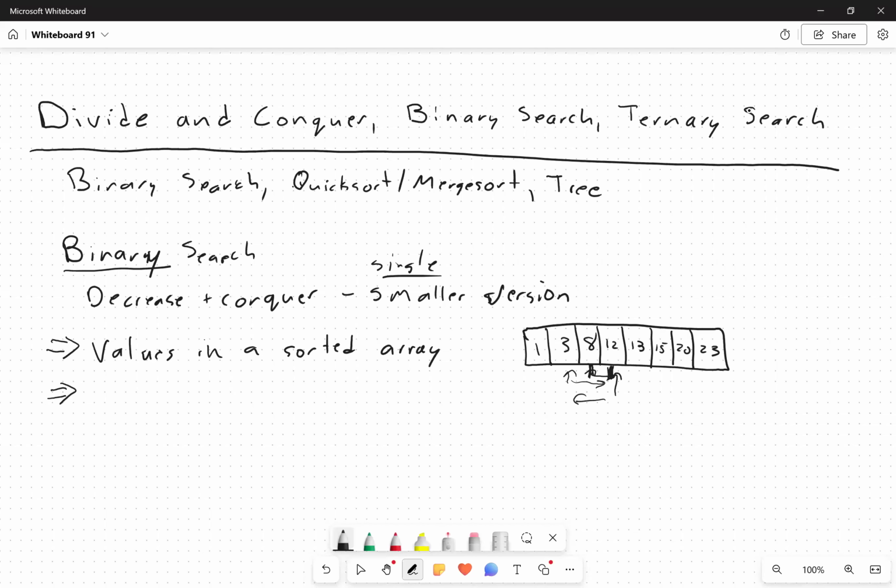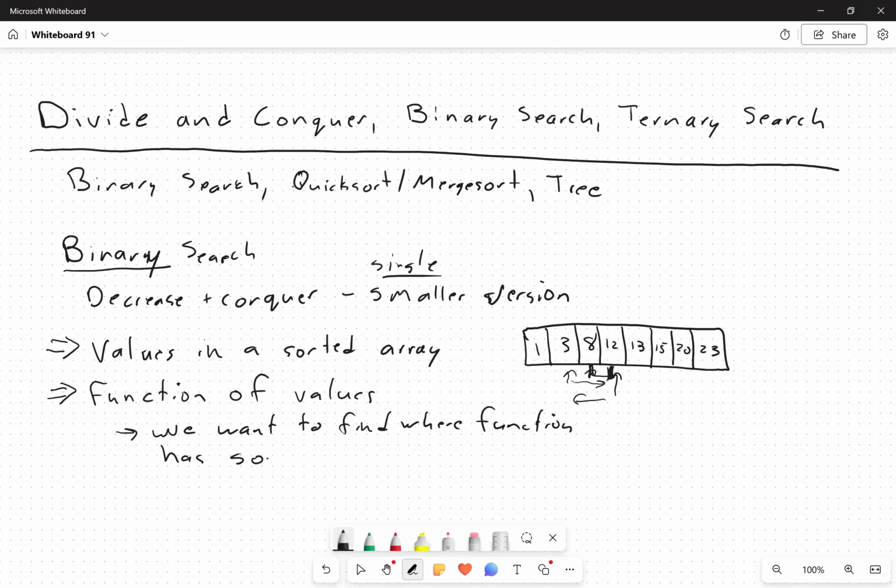Okay, so a more general way of thinking about this is that we can have some function of values, and we want to find where the function has some particular value.